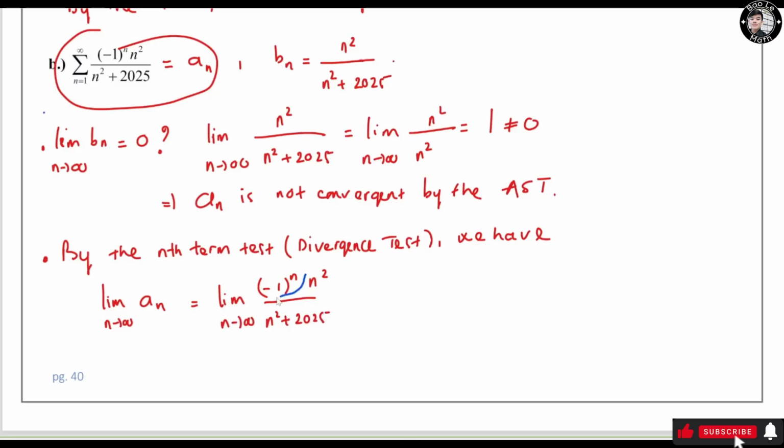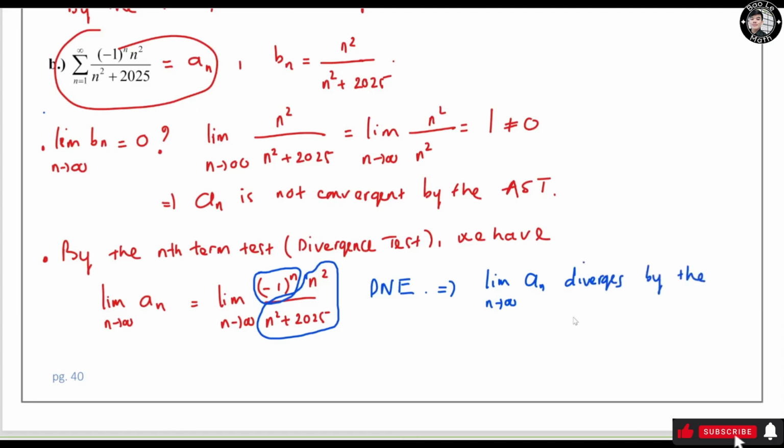Now observe that this part of the limit always equals 1, and then the (-1) to the n part is going to be alternating between 1 and -1. So obviously this limit does not exist. It's the same thing as saying the limit of a sub n as n approaches infinity diverges, by the n-th term test.